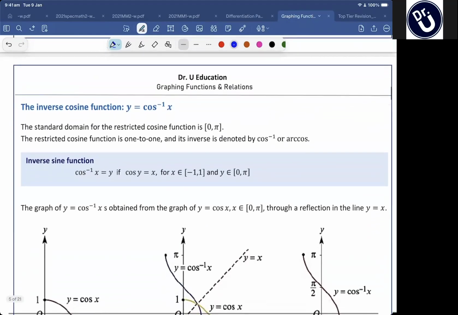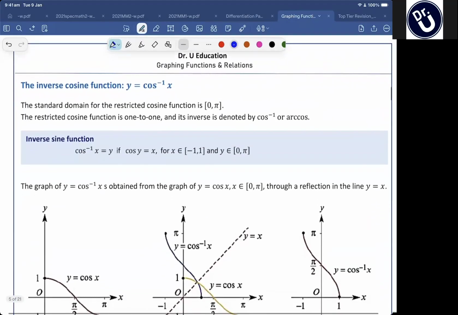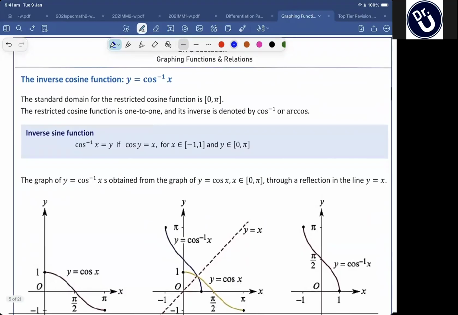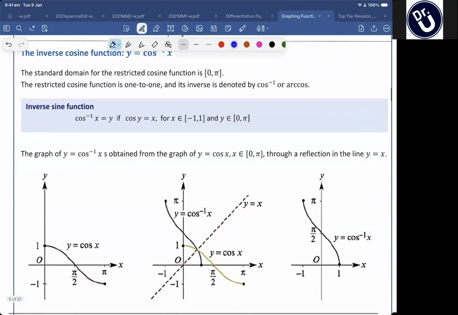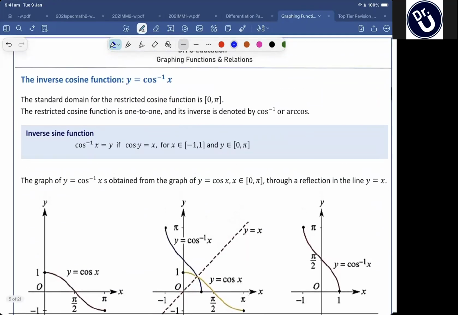Cos inverse function. Now, since you know how sine inverse works, it's very easy to go through this. Now, again, when you look into y equals cos x, y equals cos x, this again is between -1 and 1. What is the domain?